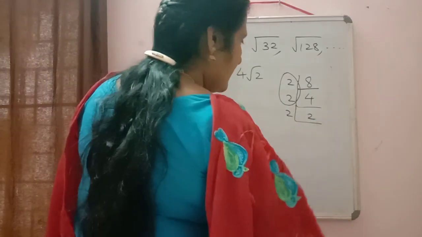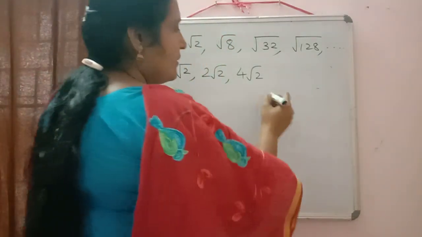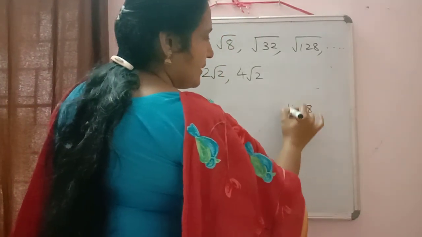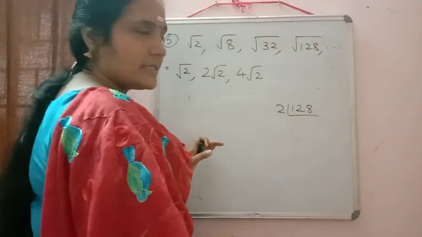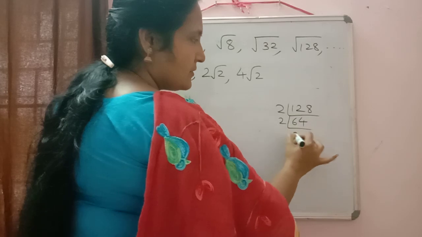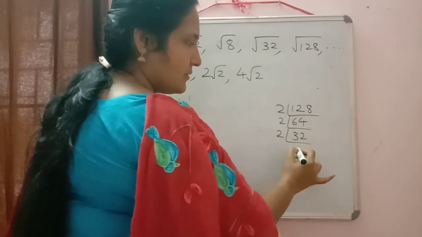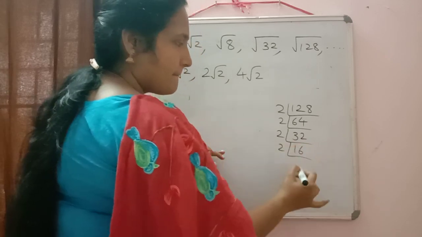Similarly, we will check how we can rewrite root 128. So 128, again prime factorization: 2 64s, 2 32s, 2 16s, 2 8s, 2 4s, 2 2s.